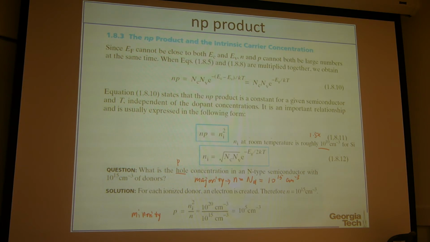So 5 plus 15, 4 plus 16, or 3 plus 17. It's always that kind of combination. And then for intrinsic, both of them will be 10, right? 10 plus 10. That is intrinsic, because n equals p. Then both of them are 10 to the power 10.